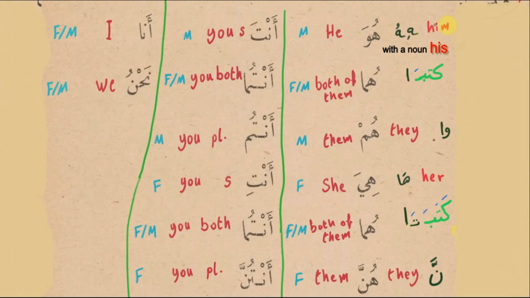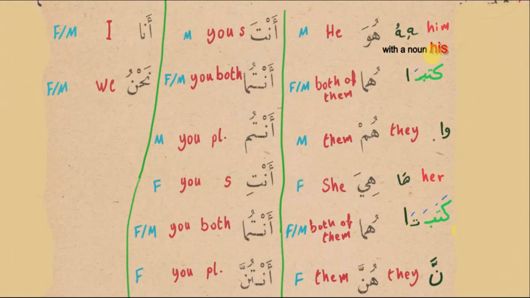Now with the verb, it means him in English. That's how it's used in English. If you say I asked him, that's with the verb. With the noun, you say his book. If you say his book in English, you say his. So these two here, when they're connected to a verb, they match the him in English.